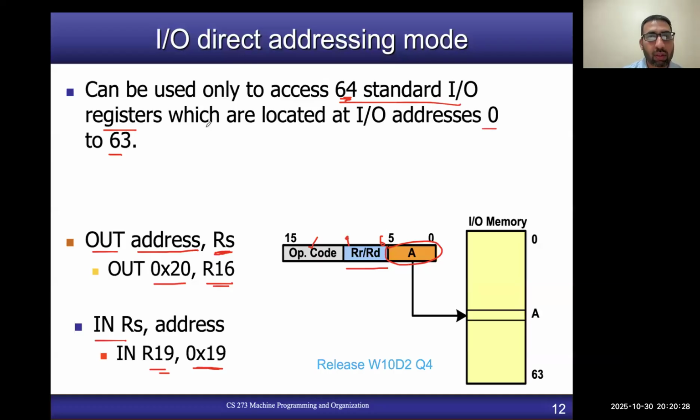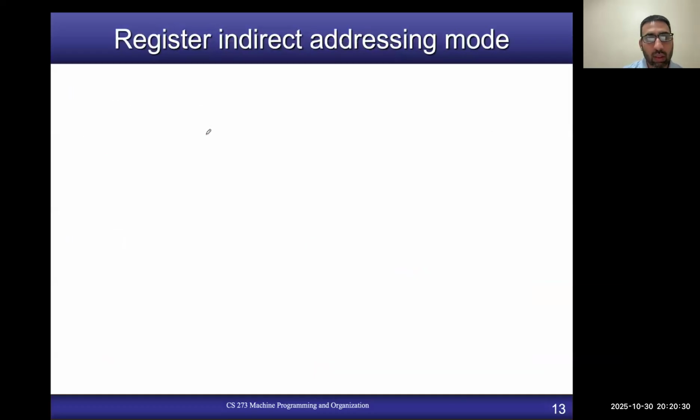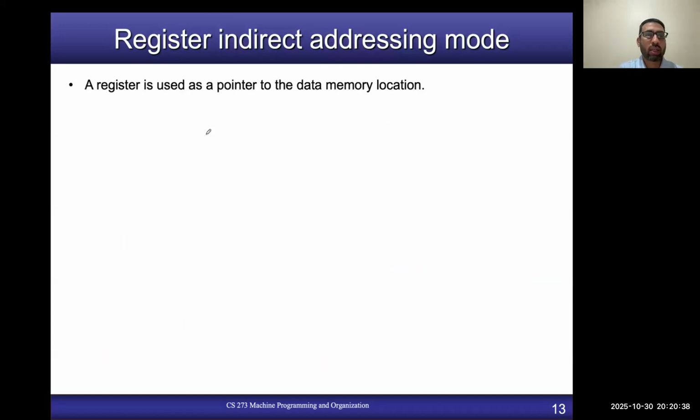Okay, so let's go to the next addressing mode, which is register indirect addressing mode. In this case, a register is used as a pointer to the data memory location. Is there anyone who doesn't know what a pointer is?